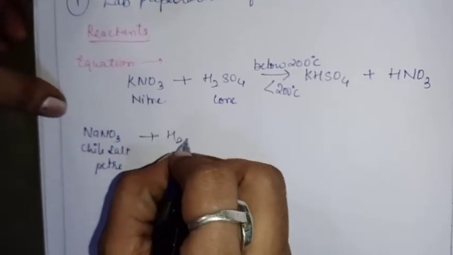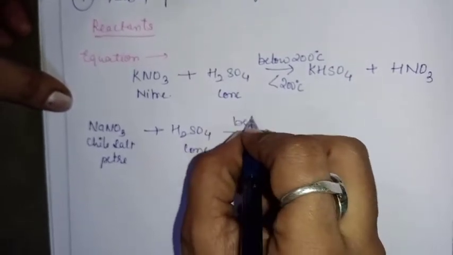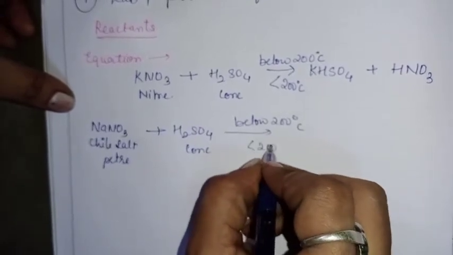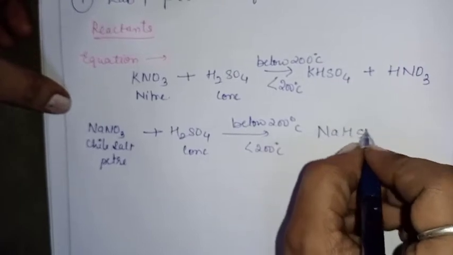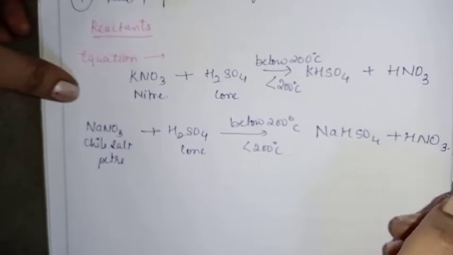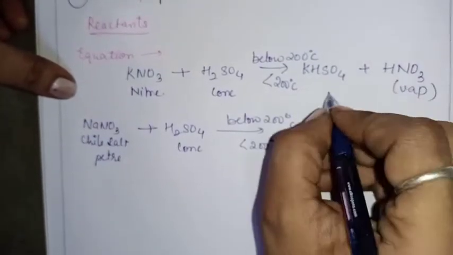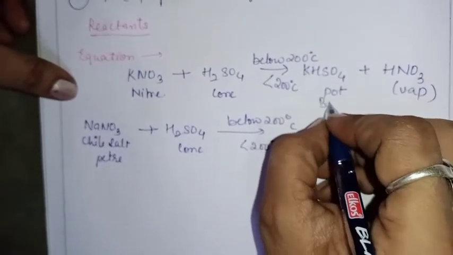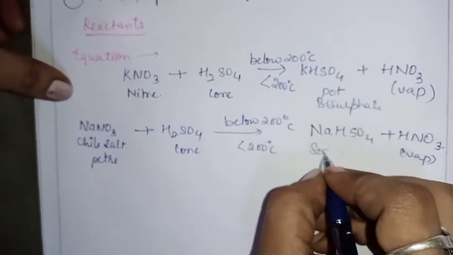When you treat it with concentrated H2SO4, again below 200 degrees Celsius, it will give us NaHSO4 plus HNO3 acid. Now these are vapors which will be rising. So this is potassium bisulfate, and this is sodium bisulfate.